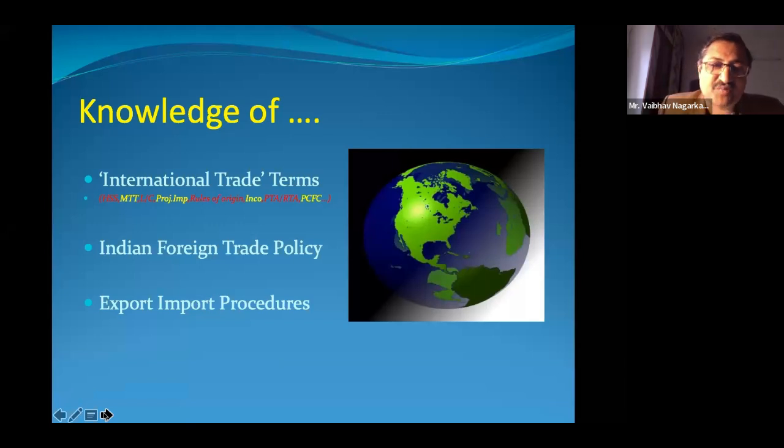Suppose you as an exporter want to deliver the goods up to the buyer's place in Paris, the amount and the risk will be very high, isn't it? Instead, if he comes to India to pick up the goods from your Delhi factory, then risk and cost will be high for him. So in either case, the risk will be very high for you or very high for the buyer.